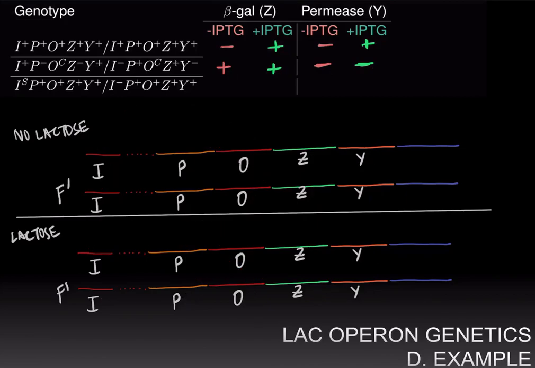Let's attempt the third genotype, which has a het for the super repressor allele of the repressor with the I minus allele of the repressor.